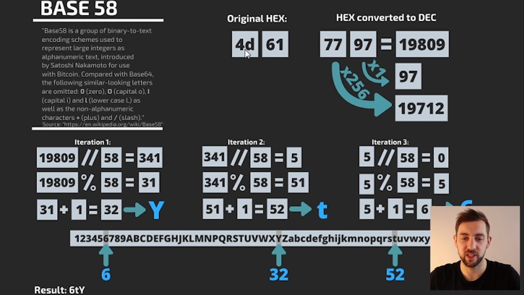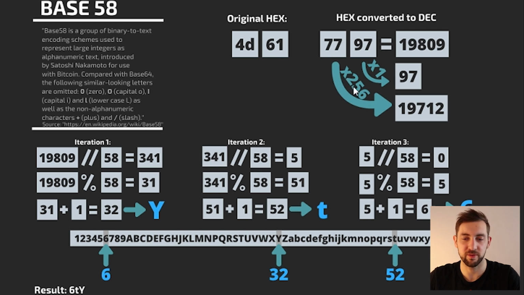Okay, 4D is 77. 4 times 16 is 64, plus D is 13, so it's 77. But we can't multiply it by 1, we have to multiply it by 16 times 16, because it's another character in hexadecimal.